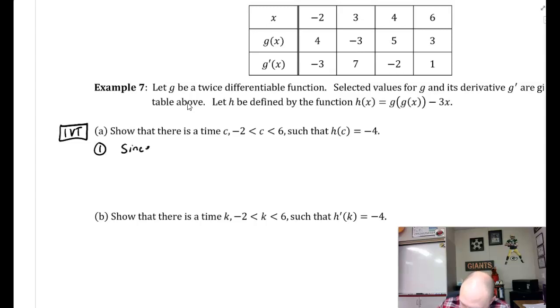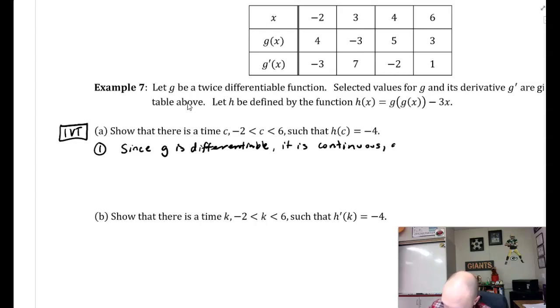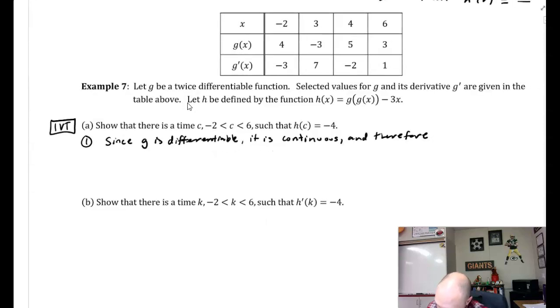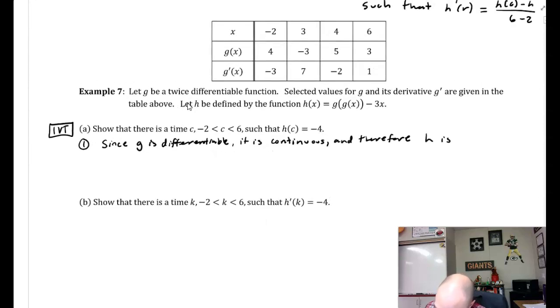And so we can say since g is differentiable, it is continuous, and therefore h is continuous.